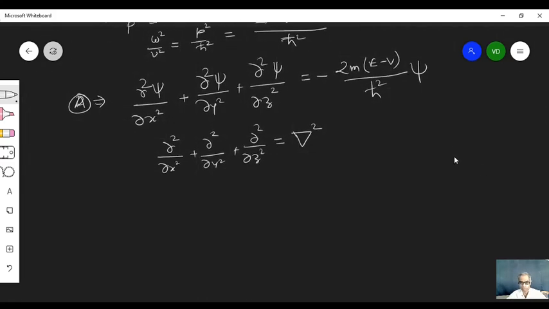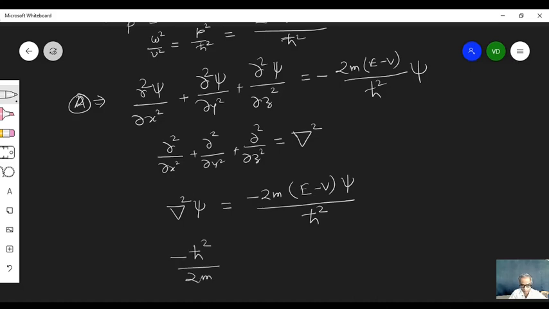So in short, instead of this, we can write del square psi equals minus twice m, E minus V psi divided by h cross square. Or we can take h cross square upon twice m on the left hand side, and also the minus. So minus h cross square upon 2m del square psi equals E minus V psi.